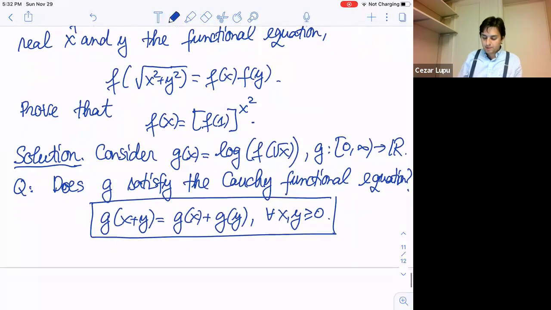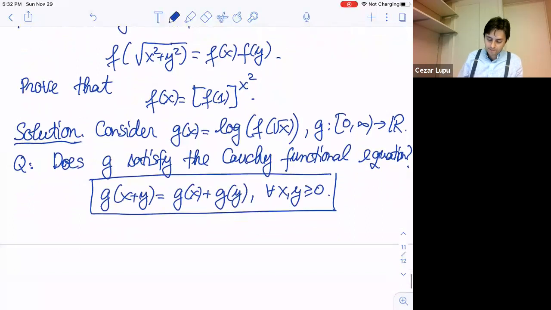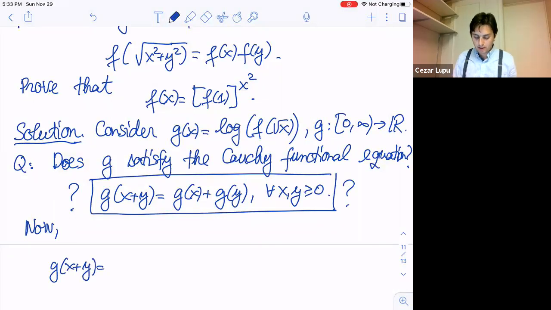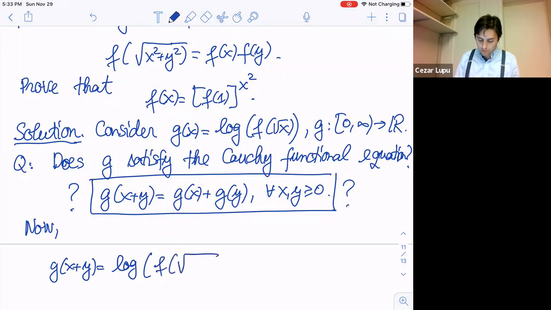So let's see who is g of x plus y. g of x plus y is nothing else than just log of f of the square root of x plus y, right?